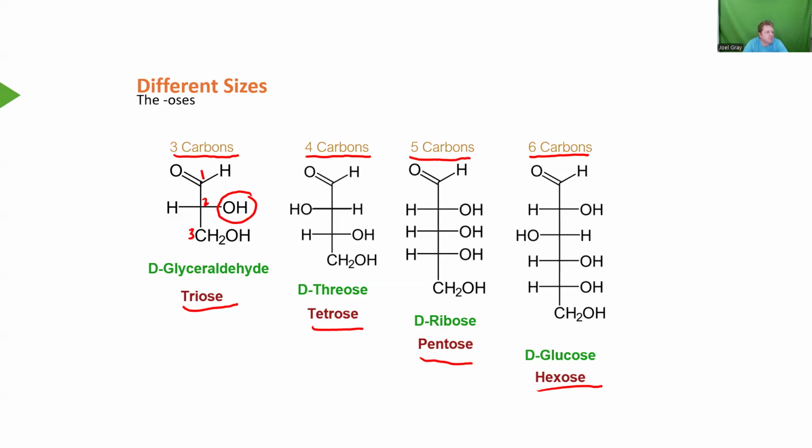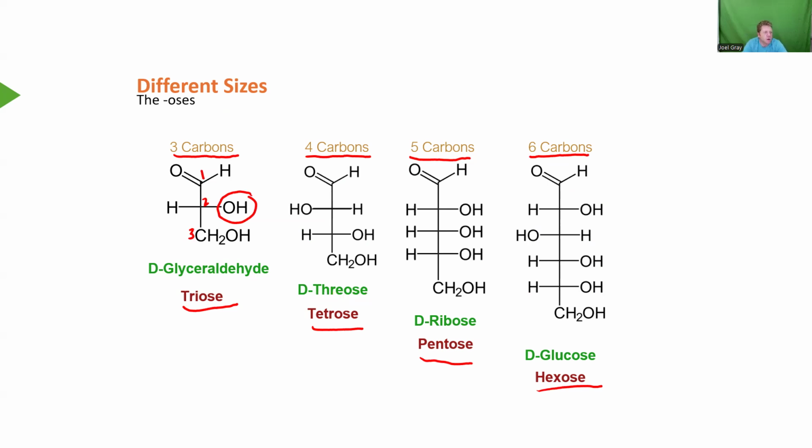For example, our tetrose has a common name of D-threose. Any of these names that are highlighted in green, I'm not expecting you to know those structures. In a few slides, I'll show you basically 5 aldoses and then 3 ketoses that I want you to know those structures, but that's the extent of the structures that I want you to know.